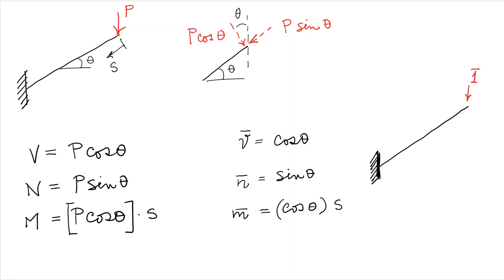In this case, that's vertical. We also realize that the part of the load that goes into shear is P cosine theta, and the part of the load that goes in axial is P sine theta.